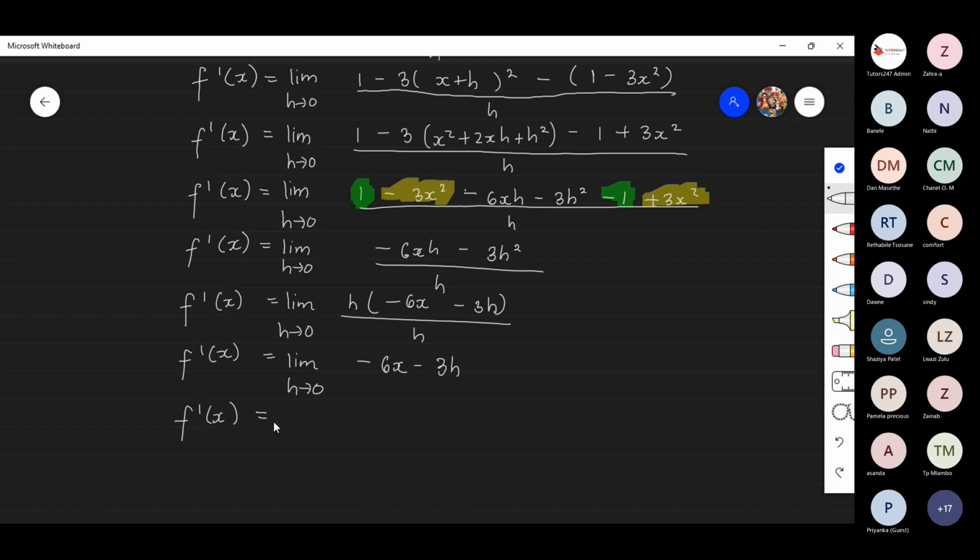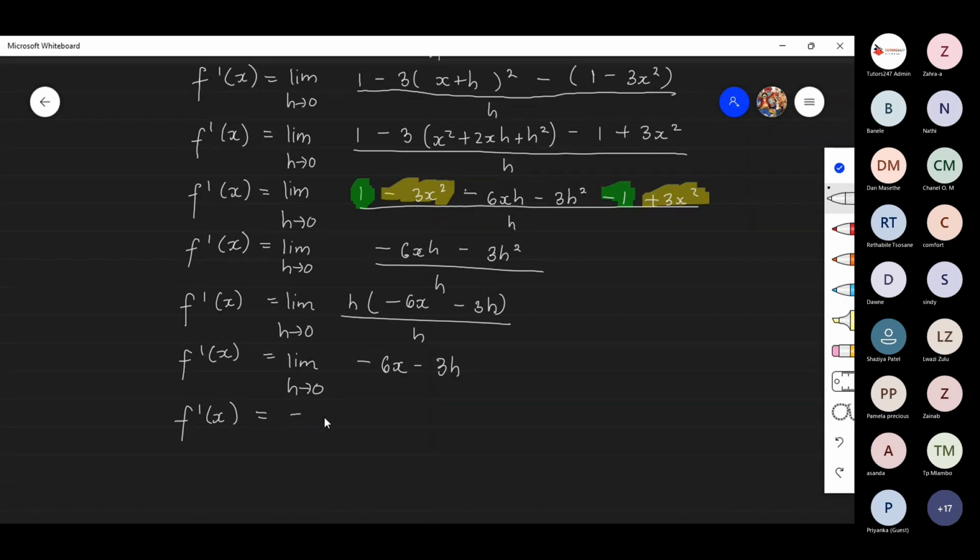From this point, because we no longer have h at the bottom, meaning that we will no longer have a denominator of 0, we are then going to substitute h into our equation, and we are not going to repeat or bring down the limit as h approaches 0, because we are substituting h equals 0.